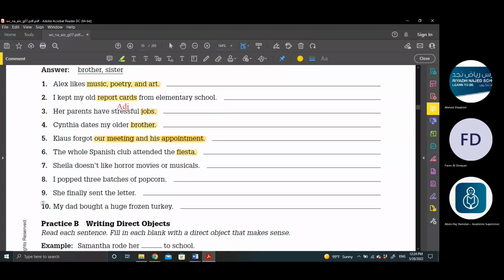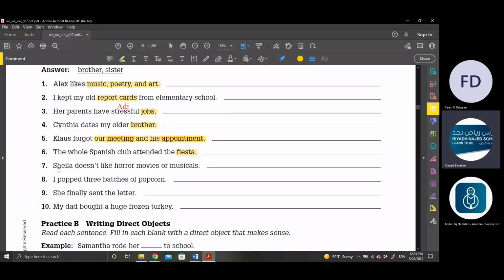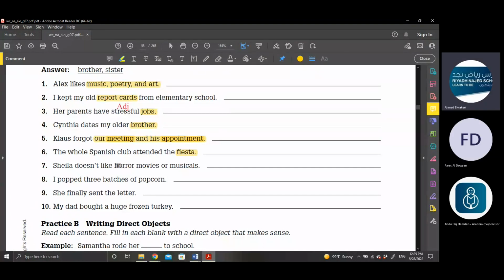Number seven, Sheila doesn't like horror movies or musicals. So Sheila, the subject, doesn't like, the action verb. Horror movies or musicals are the direct object.